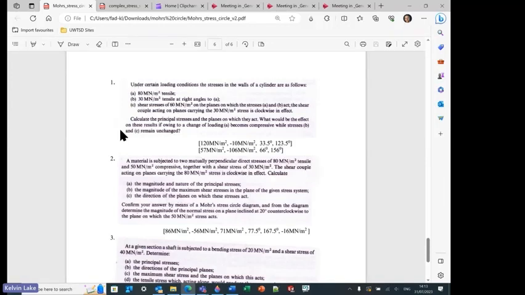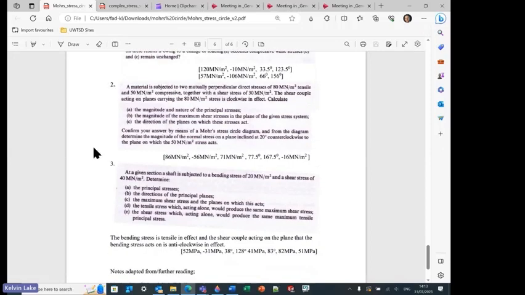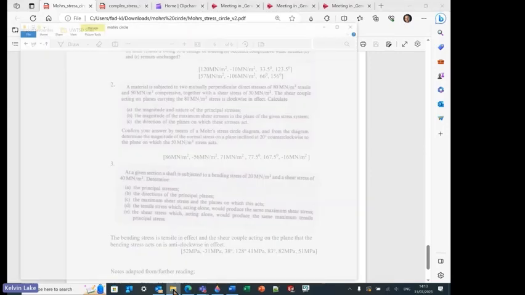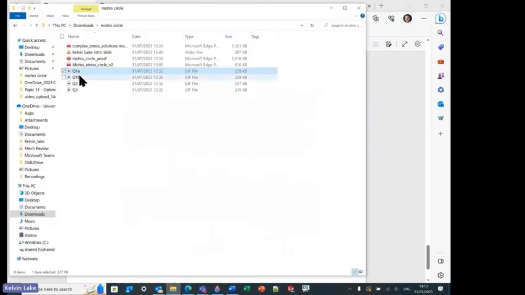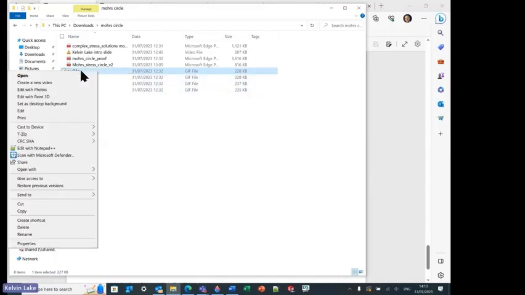So there's 2 parts to question 1, part A and B. And then we've got question 2 and we've got question 3. What I'll do, I'll upload images associated with those questions. Question 1A, 1B, 2 and 3. Okay, so if we open this in Paint 3D, there's Paint 3D, there we go.